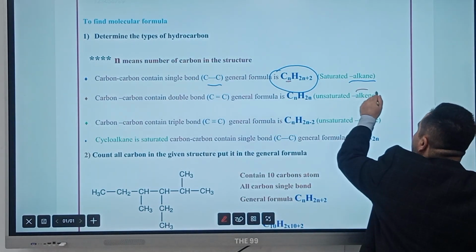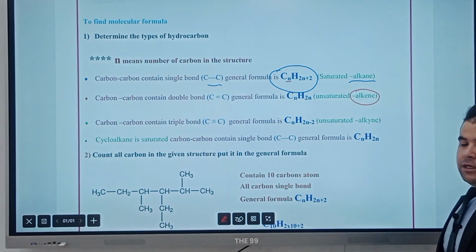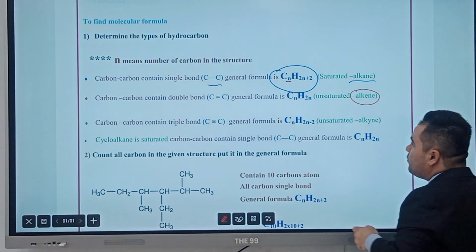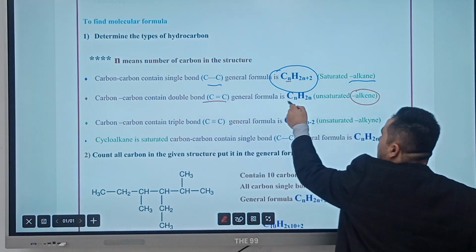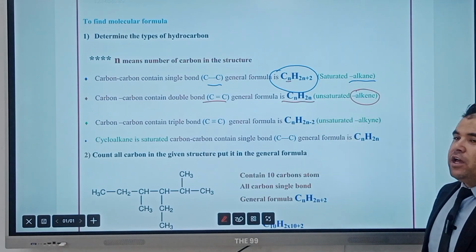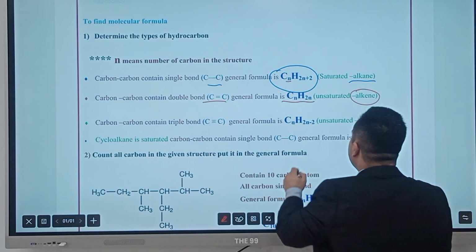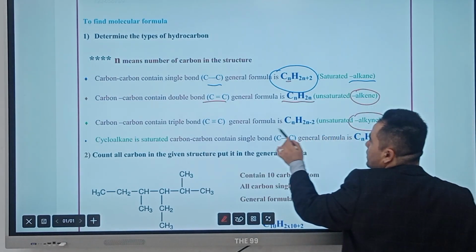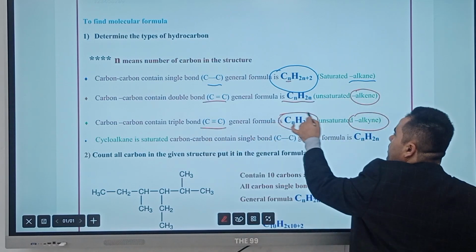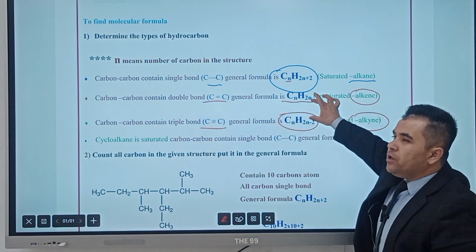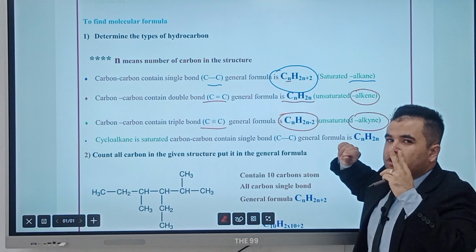For the alkene, we'll be talking in section 4. Double bonds give CnH2n. For the alkyne, with a triple bond, it is CnH2n-2. This 2 is for only one double bond or one triple bond.